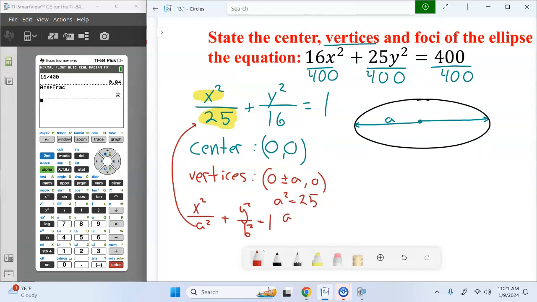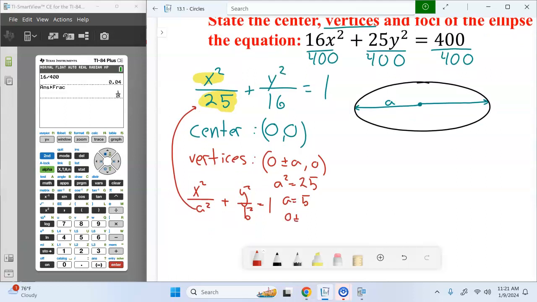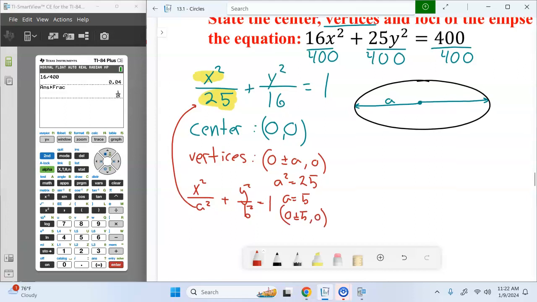So what does A equal? 5. So we're going to take our x value and add and subtract 5. So we get negative 5, 0, and we get 5, 0 for our vertices. Negative 5, 0, and 5, 0.